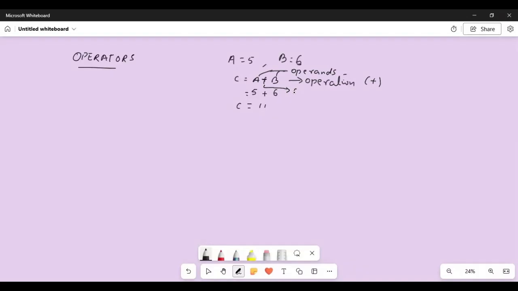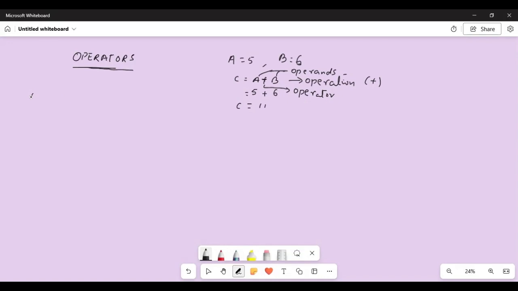The operator performing the operation here is the addition, so this plus sign is called the operator. So A and B are the operands and the plus is the operator. In this topic, we are going to understand the different operators that we use in programming and while writing our pseudocodes.